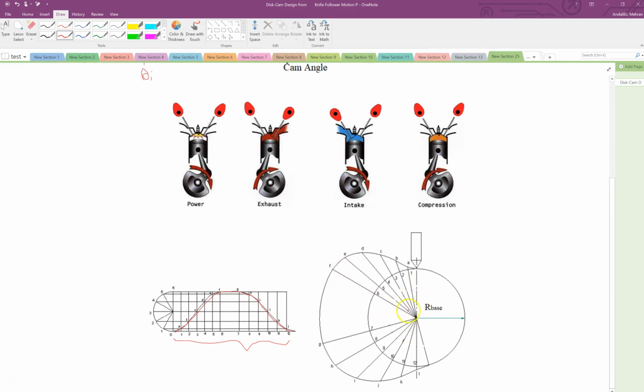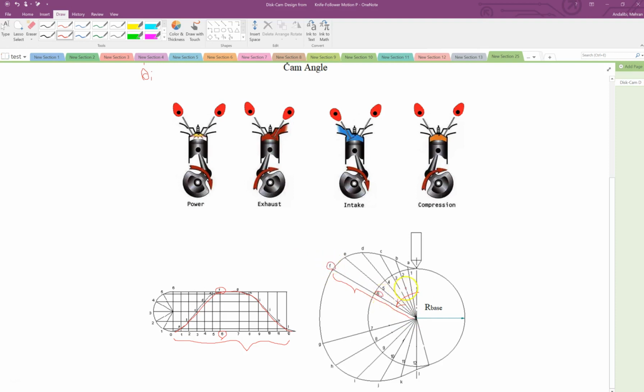So for example, here at angle 6, the radial displacement is shown by f. So at this rotation angle 6, this radial displacement here is equal to f.